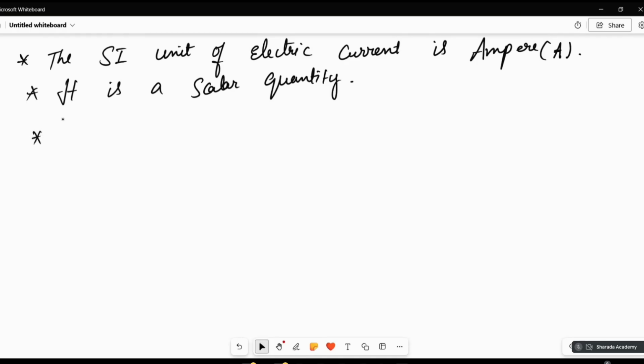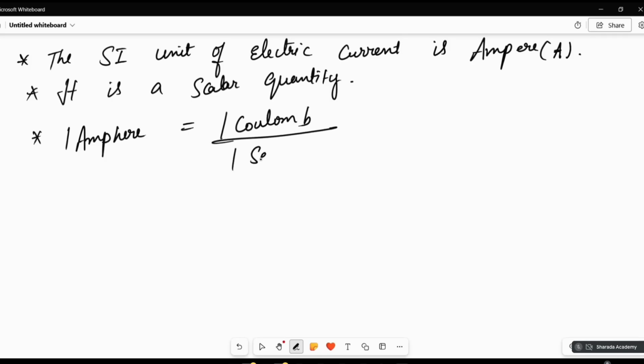Okay, so now how will we define 1 ampere? Write down: 1 ampere is equal to 1 coulomb by 1 second.